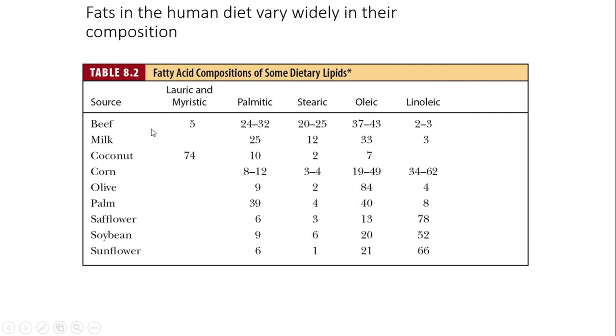The 57 to about 43 is the ratio of saturated to unsaturated. So we've got greater saturated to unsaturated in beef and milk here. So these are more solid, for example.